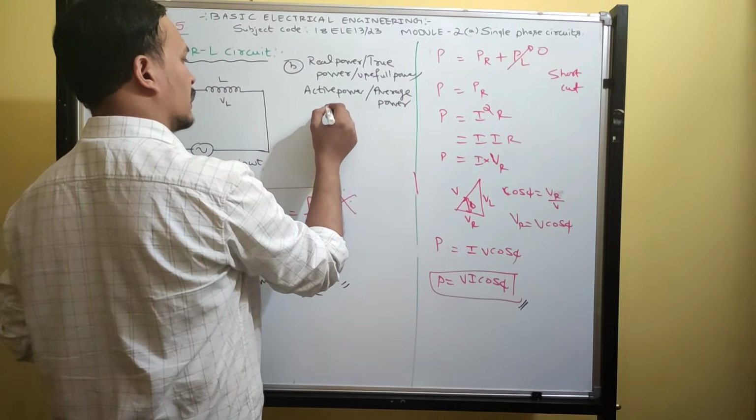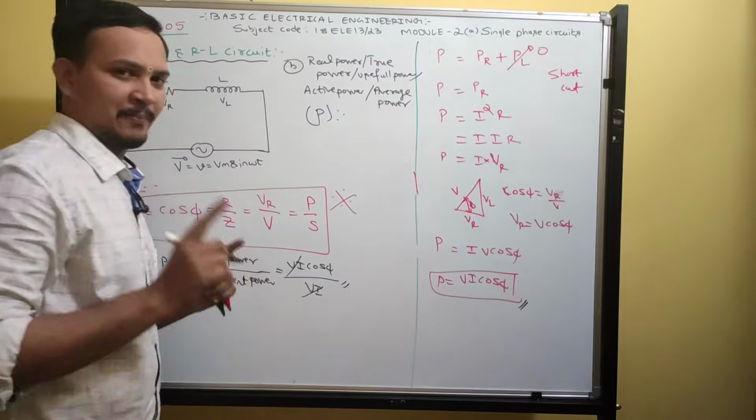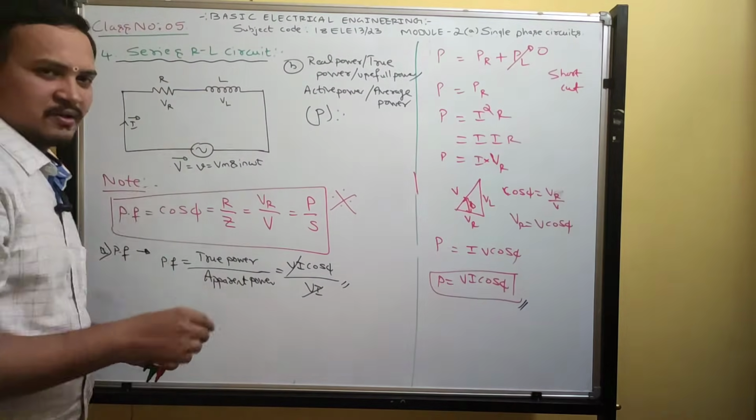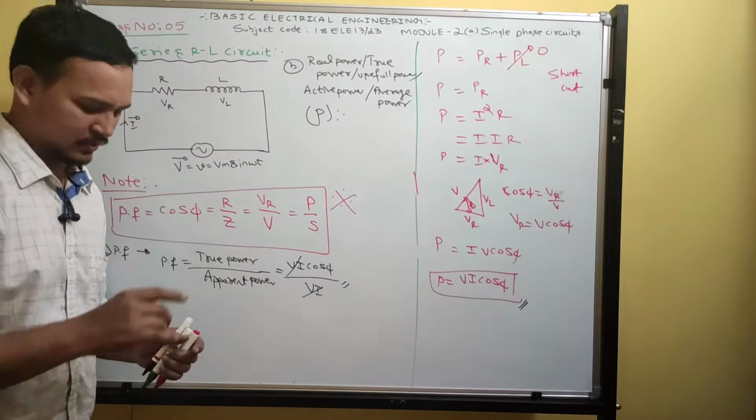All give the same meaning, with the same notation, P only, capital P. In problems they will use so many names. You must know all these names, for whichever power they ask you to compute in a problem.